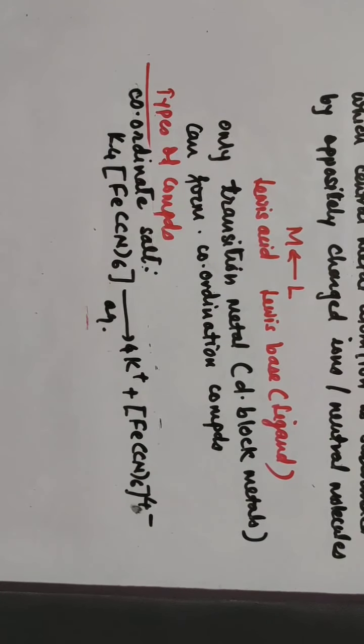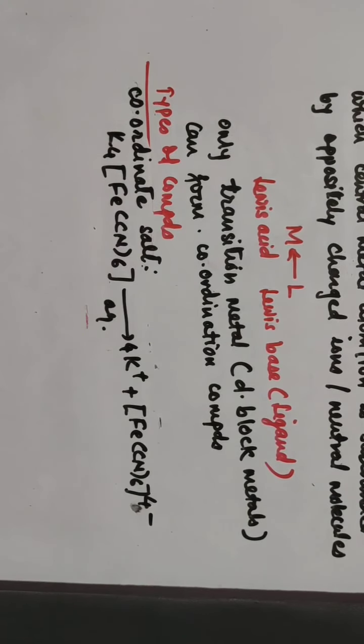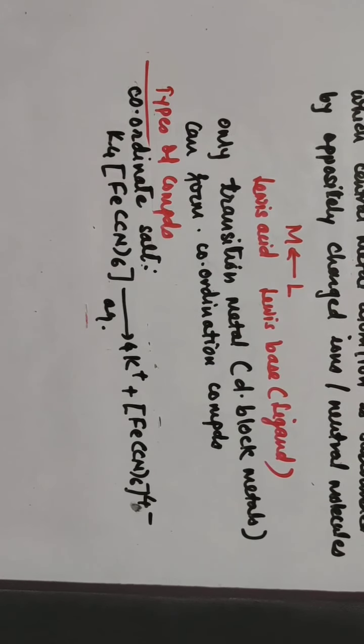That means in this coordinate compound, some part of the compound remains intact, some part of the compound remains unionized. Such compounds in which some part of the compound is unbreakable or remains unionized are the coordinate compounds. In simple salt, it is completely dissociated or completely ionizable in aqueous medium.